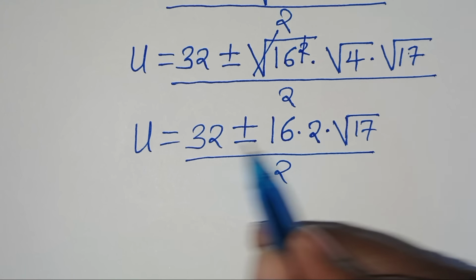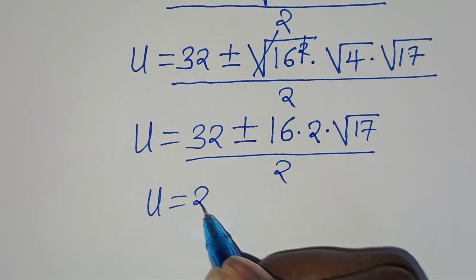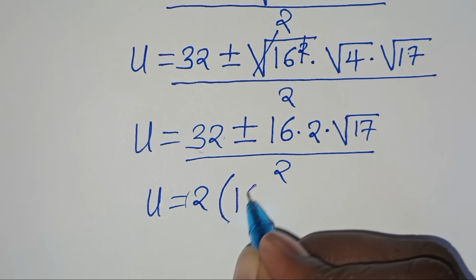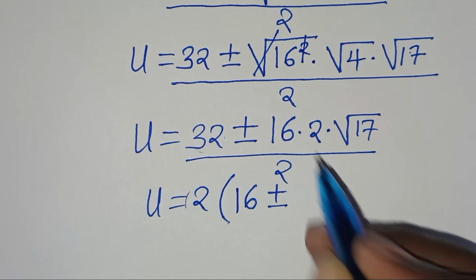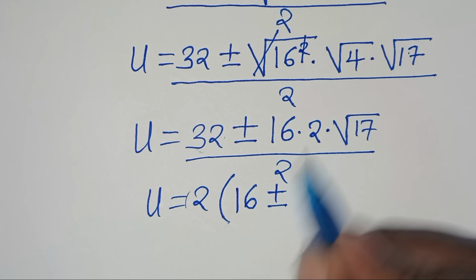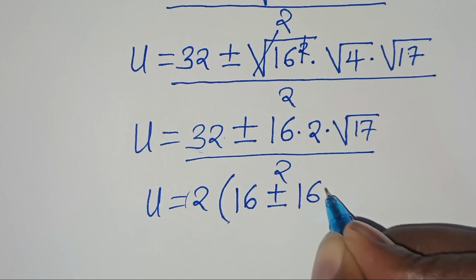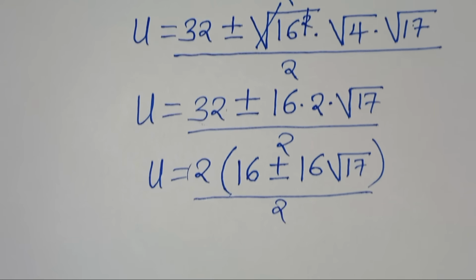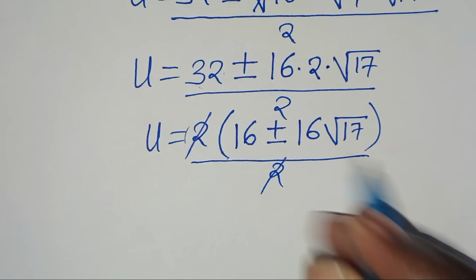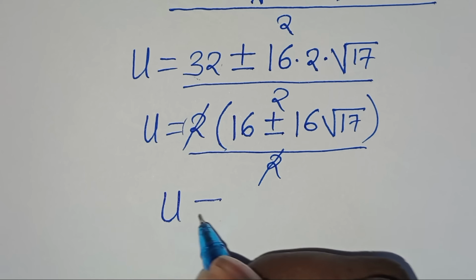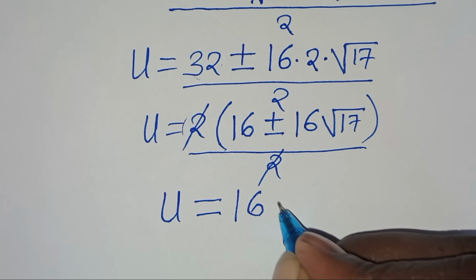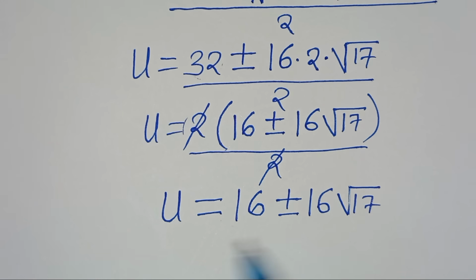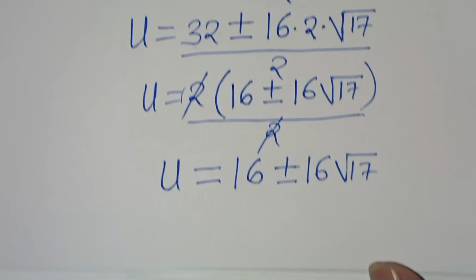In the numerator here, 2 is common, so we can factor out 2, so that 2 divided by 2, this is 16 plus or minus 16 root 17. Now let's simplify 2 and 2 here, so that we have u is equal to 16 plus or minus 16 root 17. So this is the value of u.